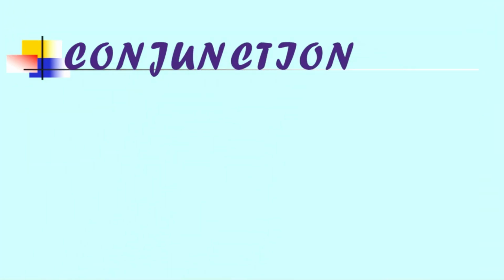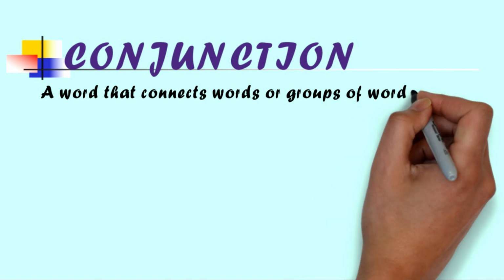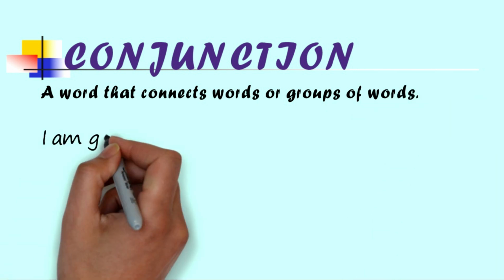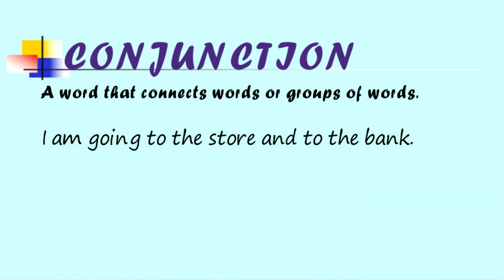The conjunction. A conjunction is a word that connects words or groups of words in a sentence. For example, I'm going to the store and to the bank. So here, to the store and to the bank. So prepositional phrases, to the store and to the bank. So two places, store and the bank. So that combines them.